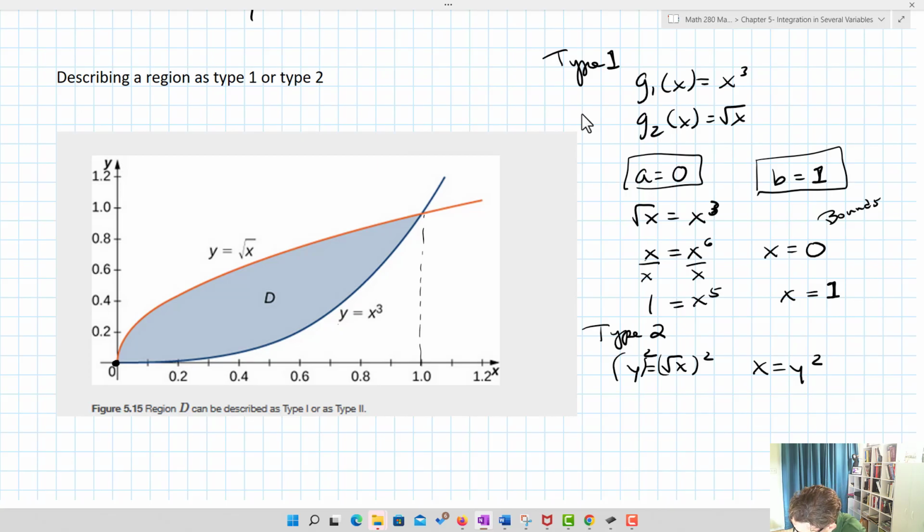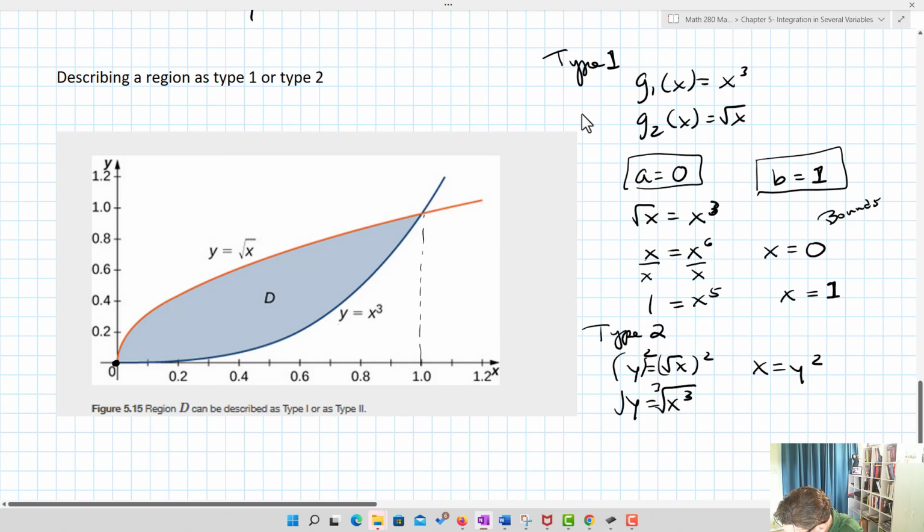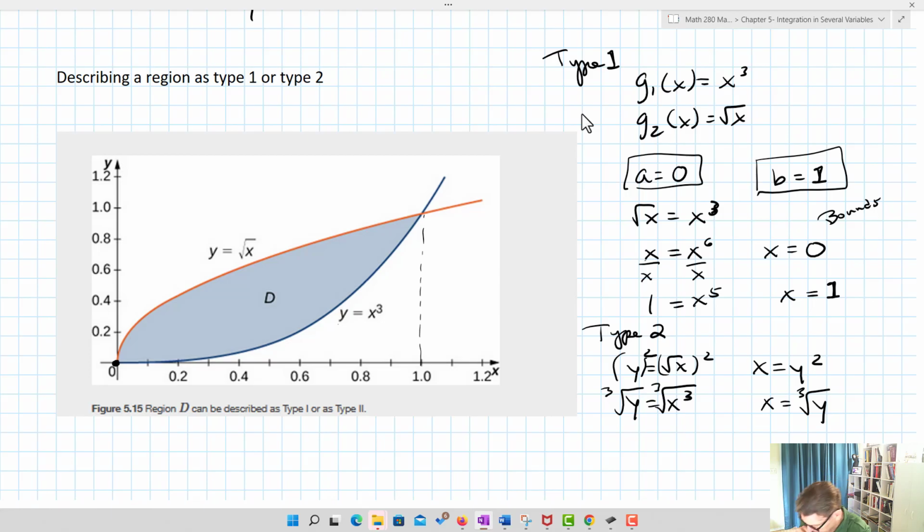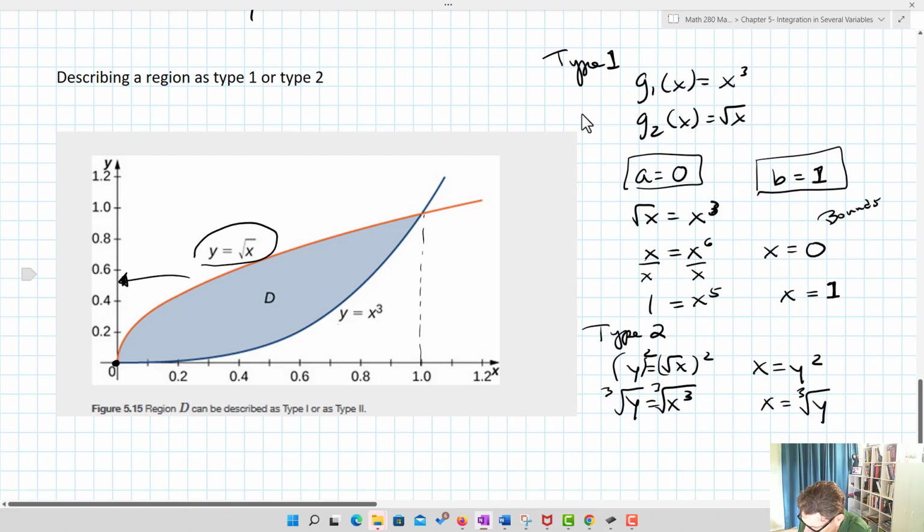And then, y equals x cubed, we'll cube root both sides, and we get x equals the cube root of y. Now what I need to do, my h1 is going to be the one that's closest to the y-axis. So that's this line, y equals the square root of x.